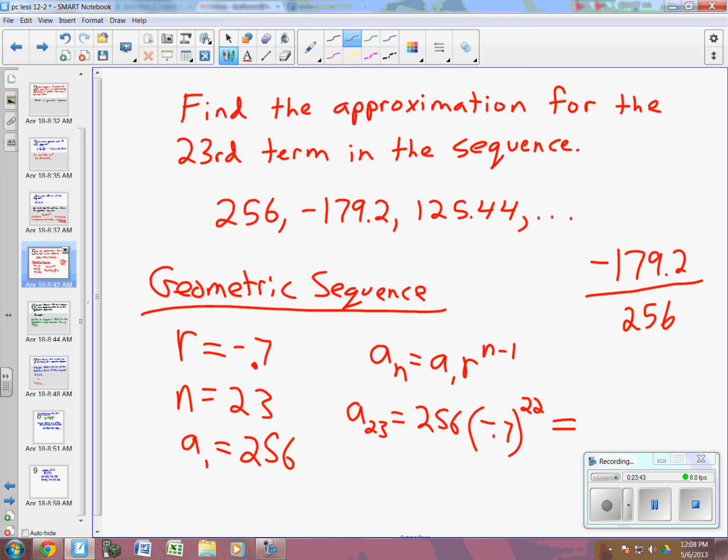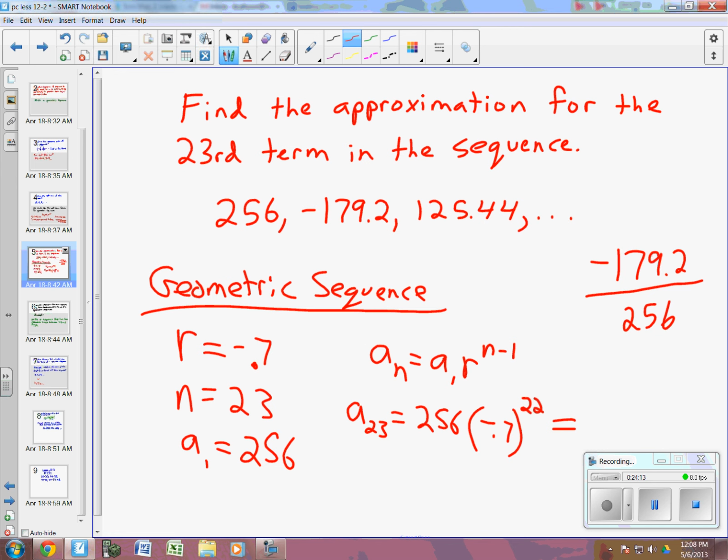Let me see what you got. Let's just type it in all at once. Type 256, then the parenthesis, negative 0.7, the ending parenthesis, then hit the caret key, 22, and hit enter.